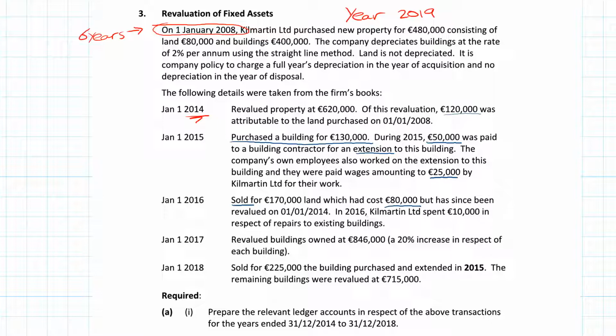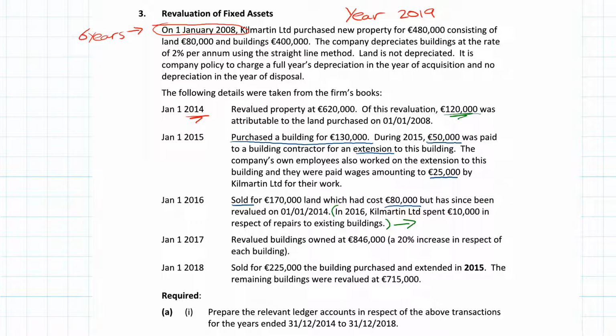In 2016, Kilmartin Limited spent 10,000 in repairs to these buildings. So what this is, we're not actually increasing the value of the land. So the land's value remains at what it was. So it was 120,000. But what's going to happen is we spent on repairs.